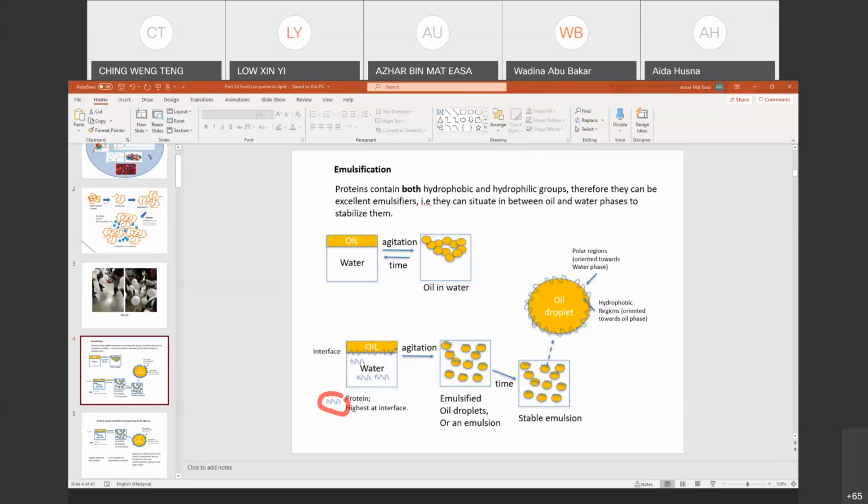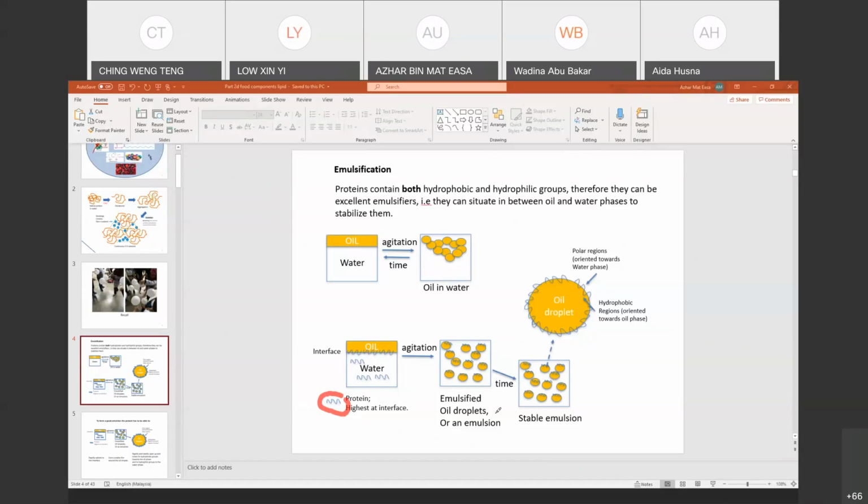When we say interface, it means the phase between the oil and the water. So the protein has hydrophilic and hydrophobic parts, so it has the tendency to go to the interface, because the hydrophilics will want to be associated with water, and the hydrophobic will want to associate with oil. And then we agitate them, and you will see now we have an emulsion.